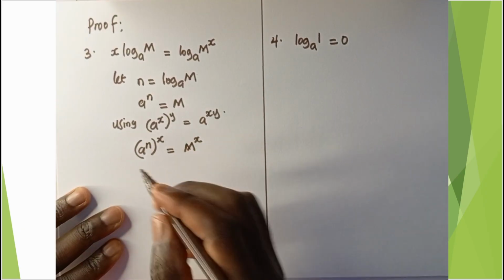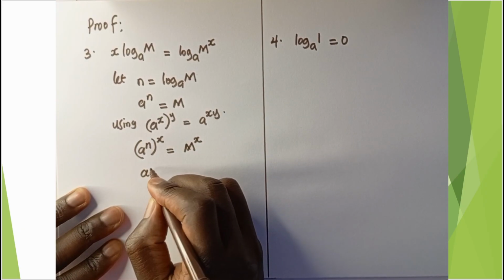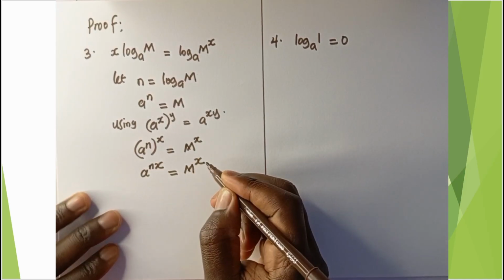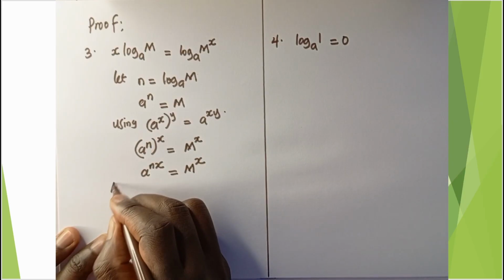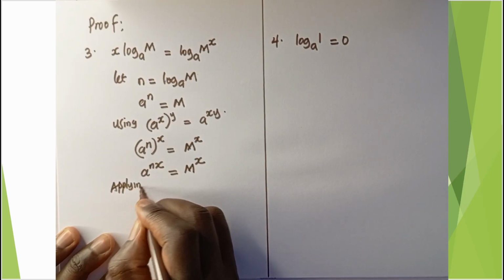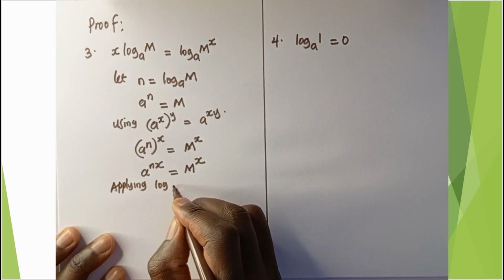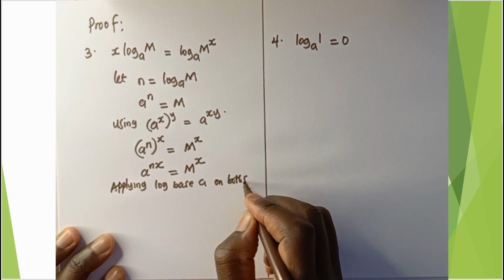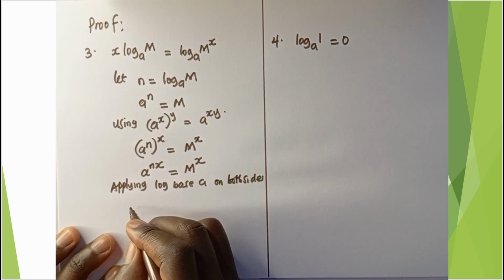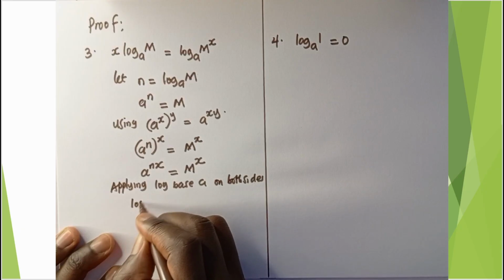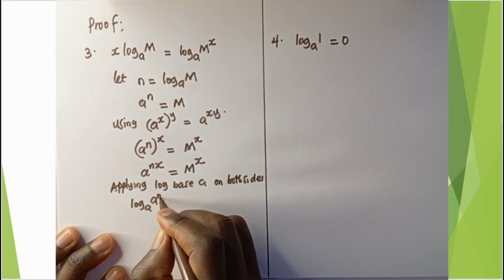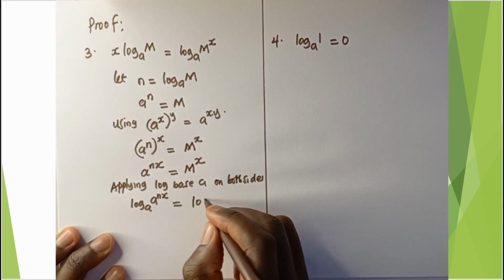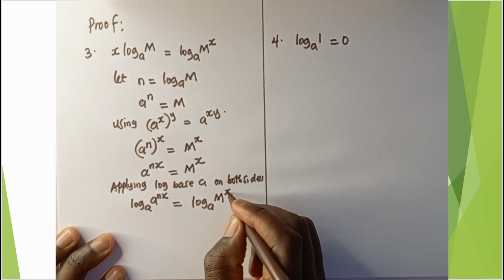So when I do it on both sides, I will have a to the power nx is equal to m to the power x. Now applying log base a on both sides, I'll have log base a of a to the power nx is equal to log base a of m to the power x.